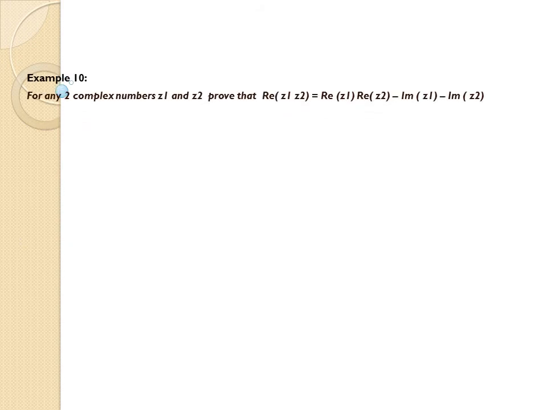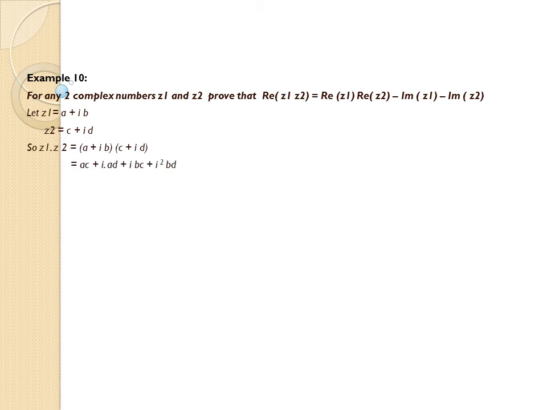For any two complex numbers z1 and z2, prove that real of z1 z2 equal to real of z1 into real of z2 minus imaginary of z1 into imaginary of z2. Let's take z1 equal to a plus ib, that is one complex number, and second complex number z2 equal to c plus id. So z1 into z2 equal to a plus ib into c plus id.